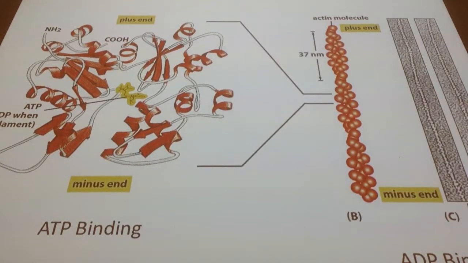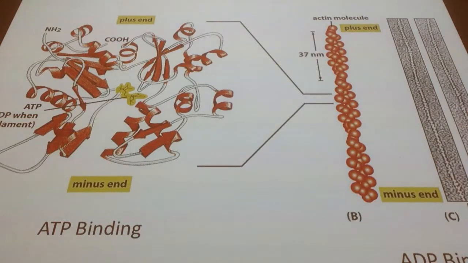So a G-actin that has an ATP bound to it would have the proper conformation or structure to be used for assembly. Whereas a G-actin that has an ADP bound to it would not be in the right conformation to be used for polymerization or polymer assembly.